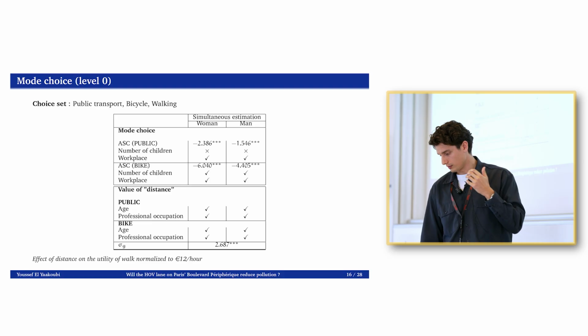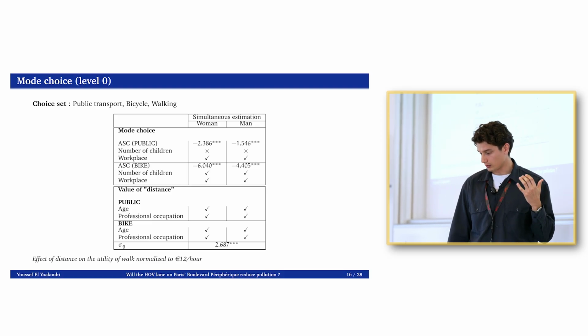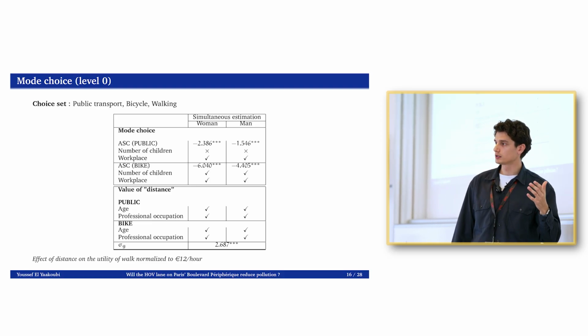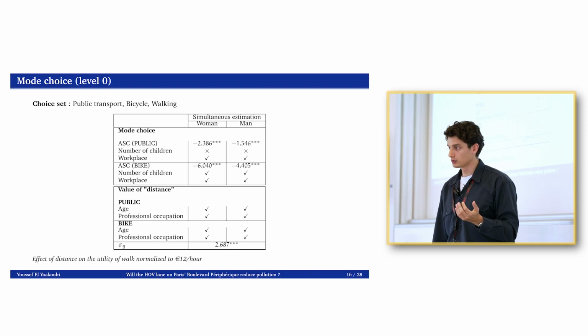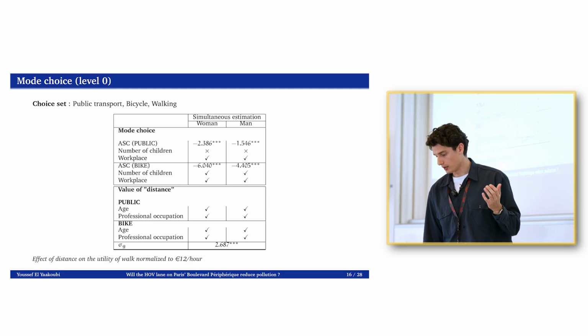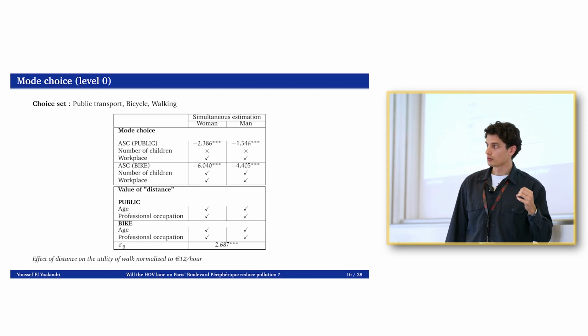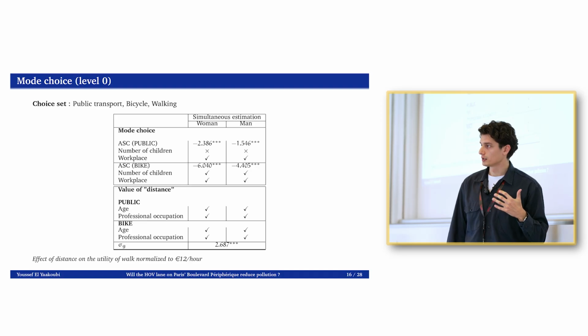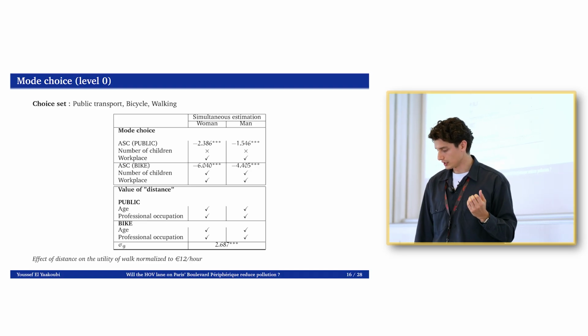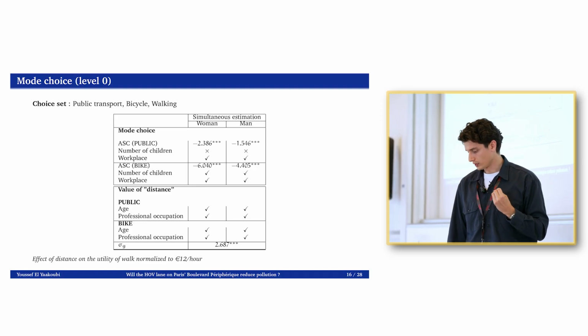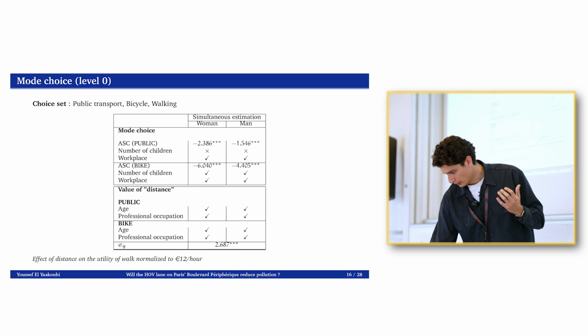Here we normalized the effect of distance in the utility of walk to 12 euro per hour. So we can interpret our utilities as the cost per hour.